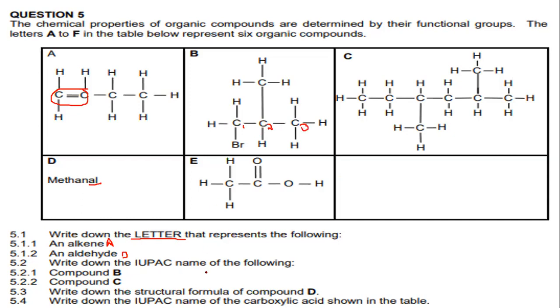So this is definitely going to be a prop. Now this molecule is a haloalkane. Why? Because there's a halogen there. So it means its name will end with ANE.